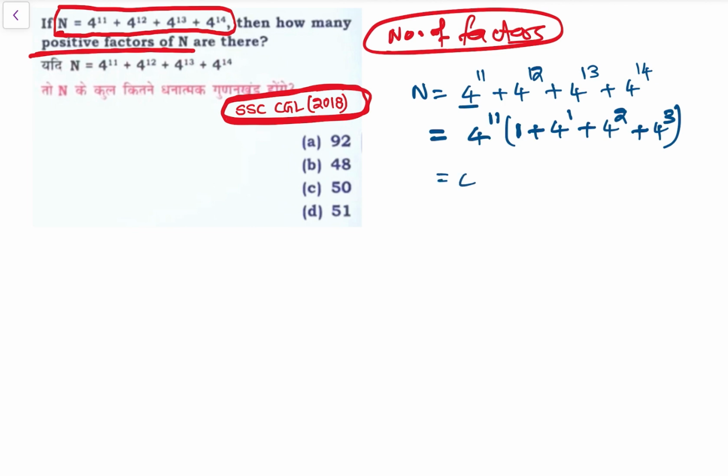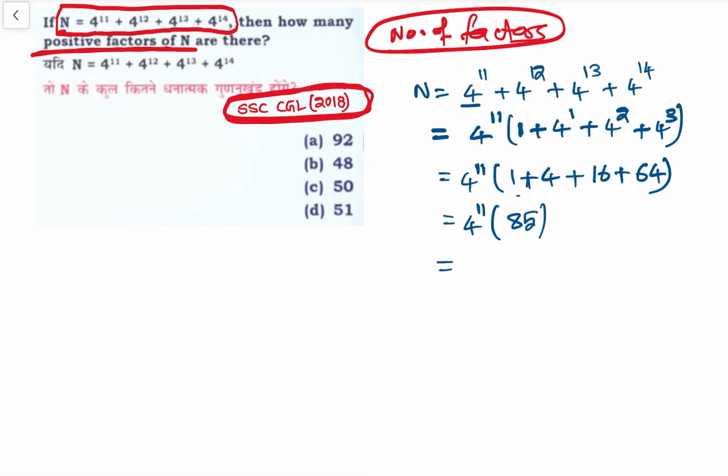So 4 to the power 11 into 1 plus 4 plus 16 plus 64. If we add, 64 plus 16 plus 4 plus 1 is 85. So 4 to the power 11 into 85.